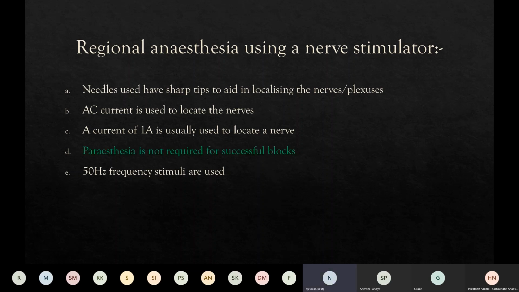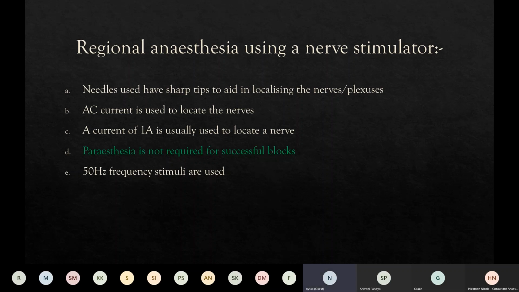Okay, so again, I think pretty much everyone's got that right. The needles don't have sharp tips. A sharp tip would be more dangerous because you'd be more likely to cause damage to the nerves. And a sharp needle would pass through the different tissue layers more easily, so you wouldn't get as much feedback because you wouldn't be able to feel as much what was happening. Whereas the idea of a blunt needle is it provides a bit more feedback about what you're going through.